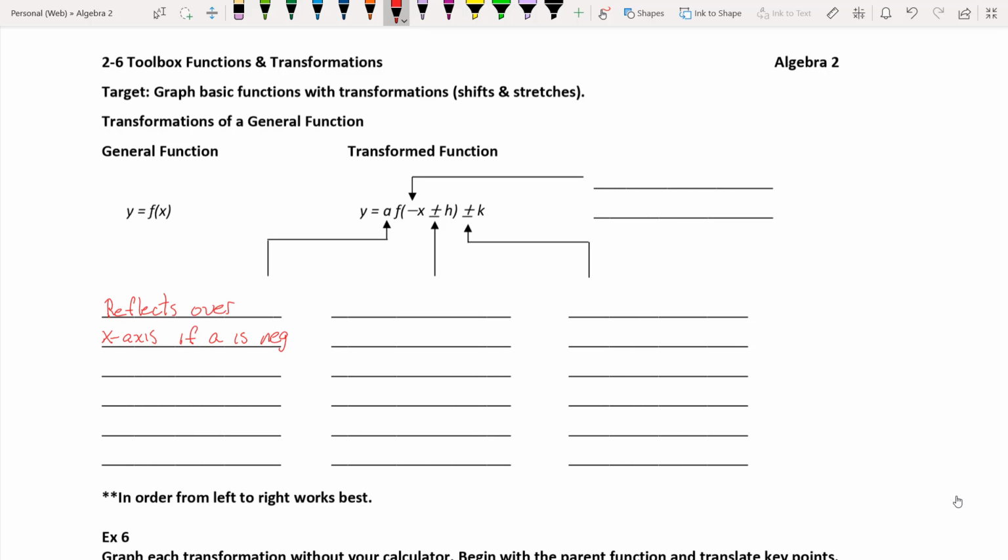It's a vertical stretch, like we just saw, if a is greater than 1, and it's a vertical compress or shrink, whatever you want to call it, when a is greater than 0 but less than 1.